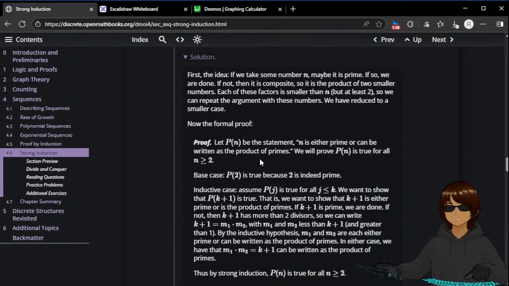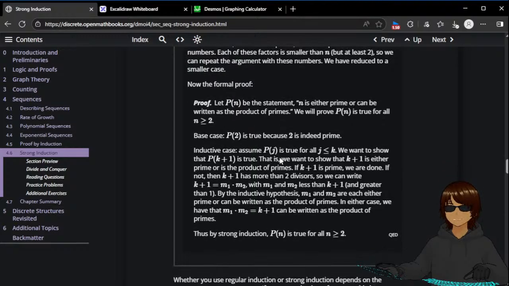N is either prime or can be written as a product of primes. Base case is true. You want to show P(k+1) is true: either prime or a product of primes. If k plus 1 is a prime, we are done. If it is not, then k plus 1 has more than two divisors. You can write it as m1 times m2 with m1 and m2 less than k plus 1.